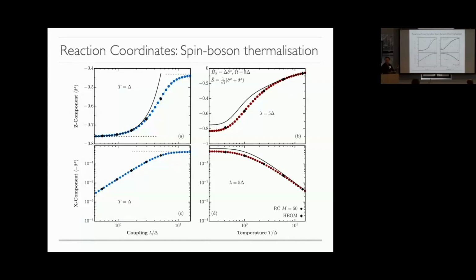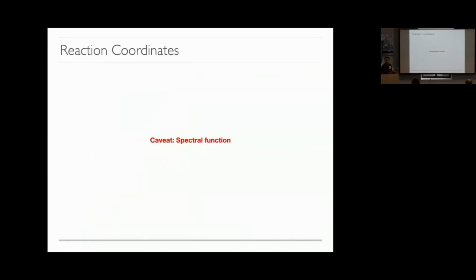Not so fast. There's a huge caveat. There's only a certain class of spectral functions you can do this for. Which spectral functions? There's a transformation after you do your reaction coordinate mapping. There's a way where you can understand the original spectral function and the newly mapped spectral function after you do the mapping.